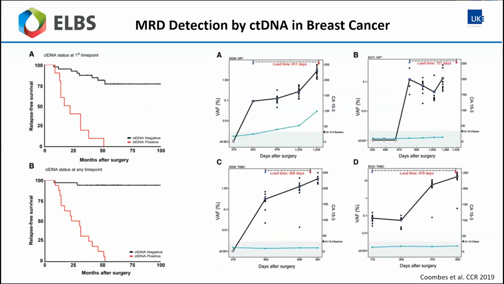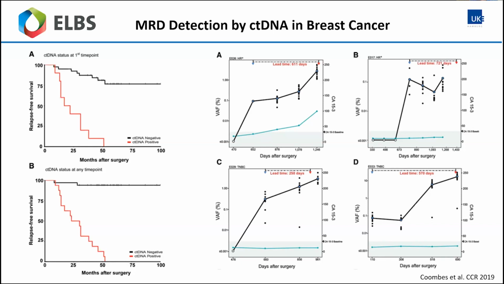The same has been done in breast cancer. This is a study from Charles Coombs and Jackie Shaw. They've also shown that if they detect ctDNA, there's a prognostic influence, as shown on the left side for the Kaplan-Meier curves. But most fascinating, they've also shown that the lead time to imaging can be up to more than 700 days, which I think gives a nice window of opportunity.